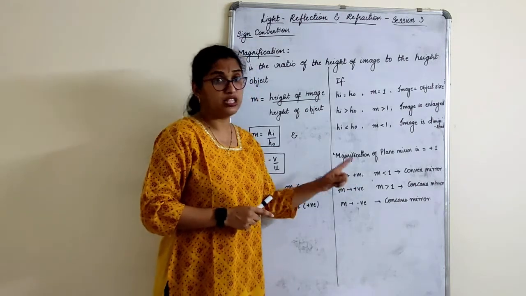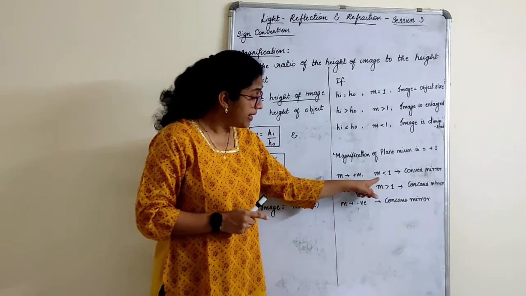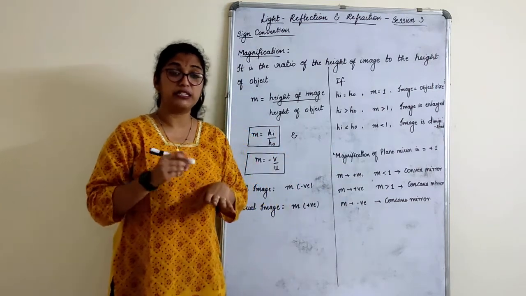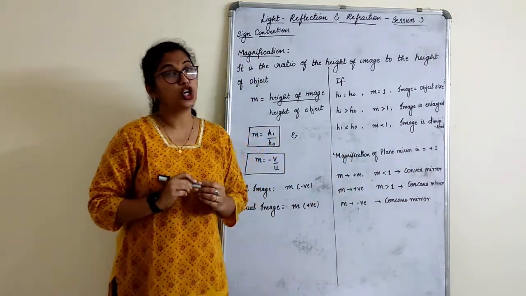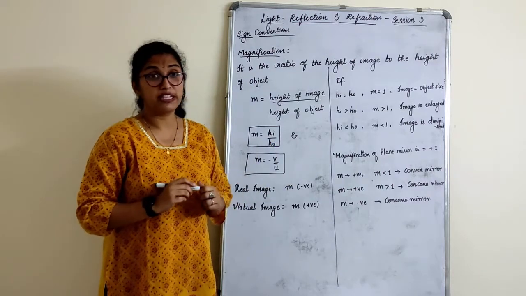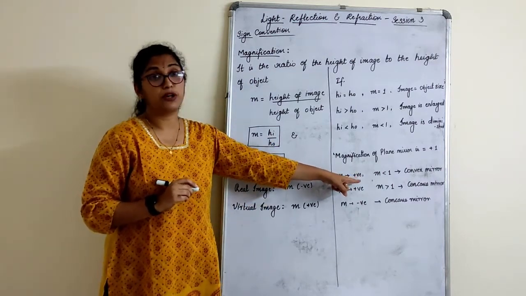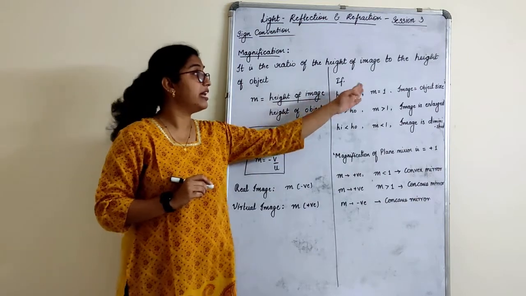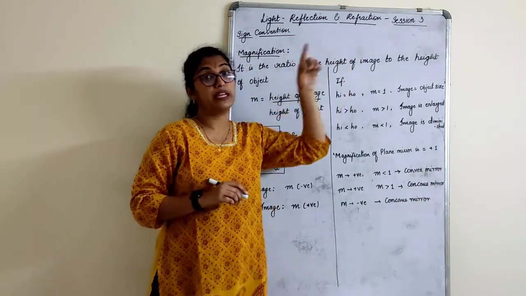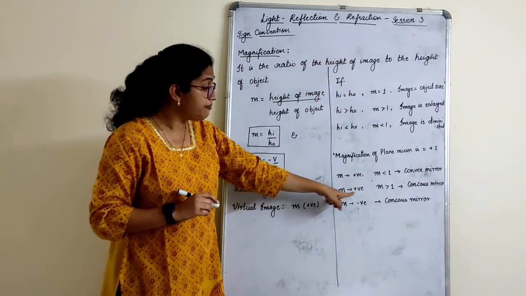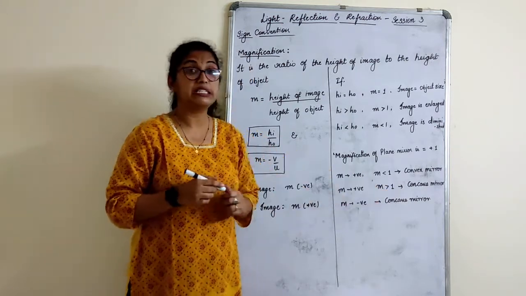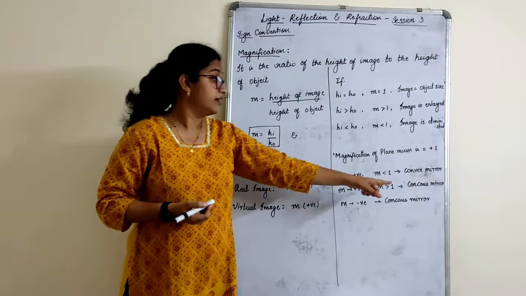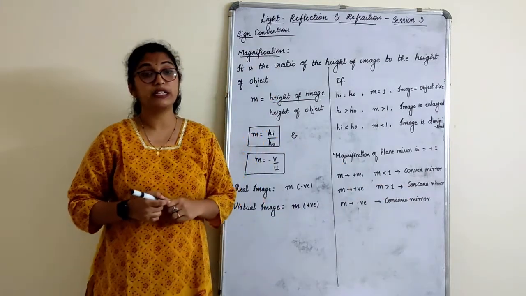Another important concept. If magnification is positive and less than 1, then it is for the convex mirror. Why convex mirror now? Because it is positive, children. Convex mirror will have on the other side virtual, erect, positive. If magnification is positive, one more condition, but it is greater than 1, then it can be concave mirror.